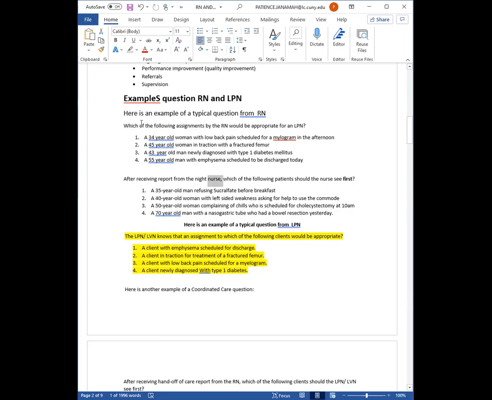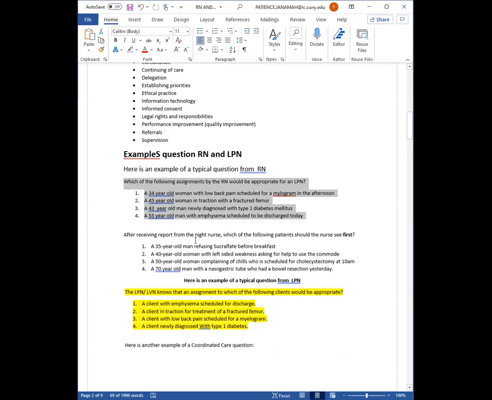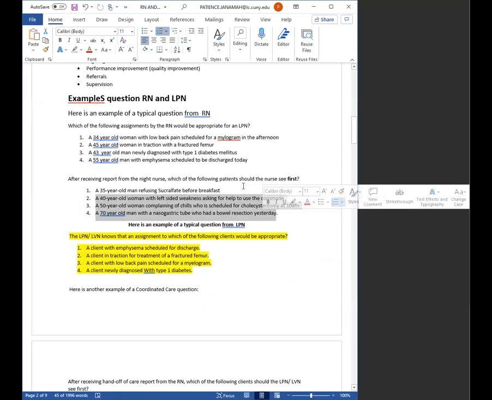The first one we answered was assignment. This was a question about assigning. So when you look here, we have assignment. I have delegation somewhere, when you delegate and you prioritize. And here the second one is another priority.